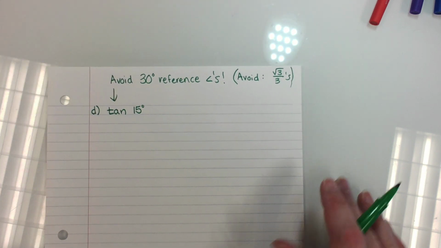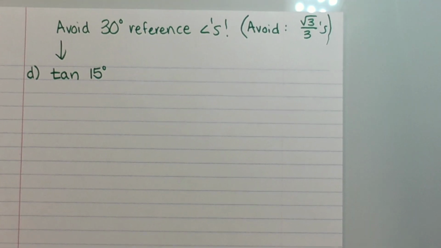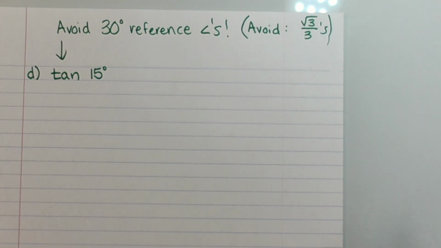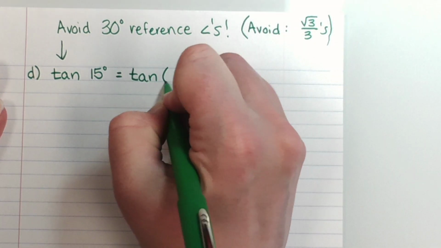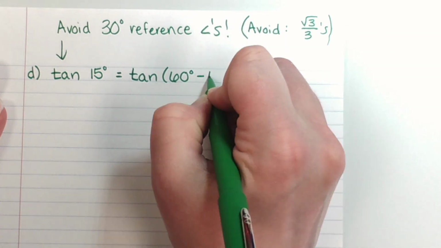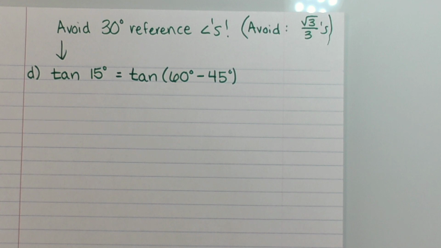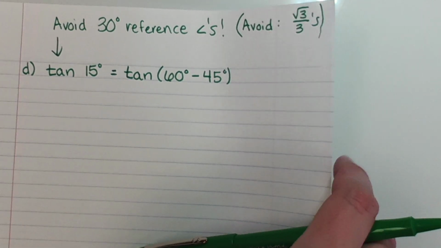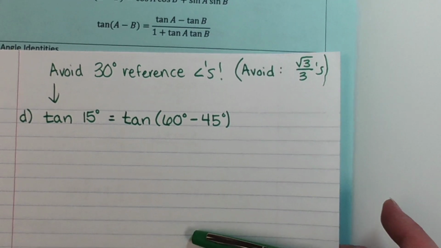So when I try to do tangent of 15 degrees, I'm going to find two things that, well, they're not going to add to 15. So two things that subtract to 15 without using the 30. 60 minus 45. So it's subtraction, it's tangent.